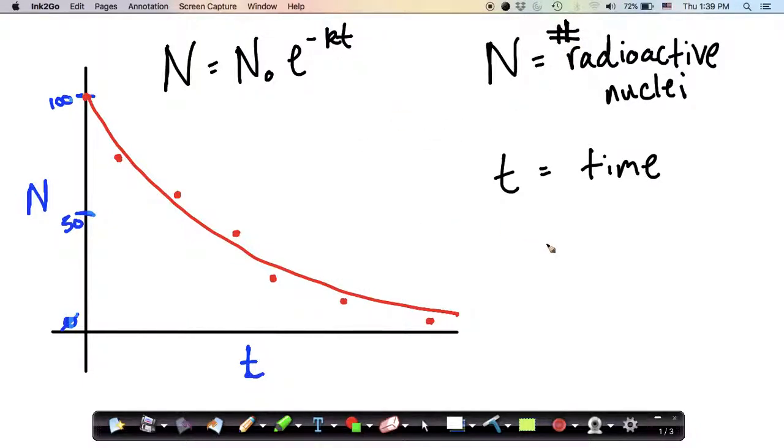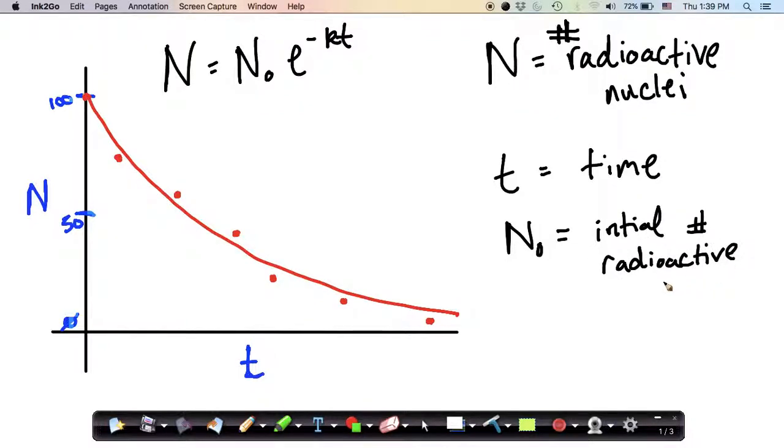T is the time. N naught, in this case, is the initial number of radioactive nuclei. Or in other words, the number of radioactive nuclei at time t equal 0. So then N would just be the number of radioactive nuclei at time t equal t.